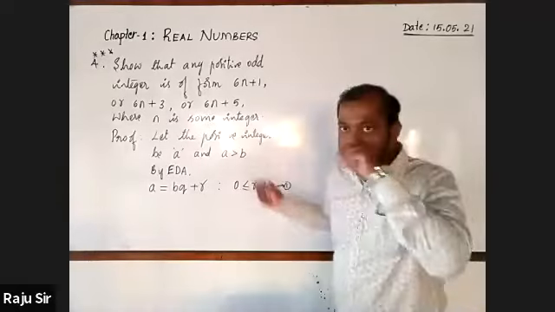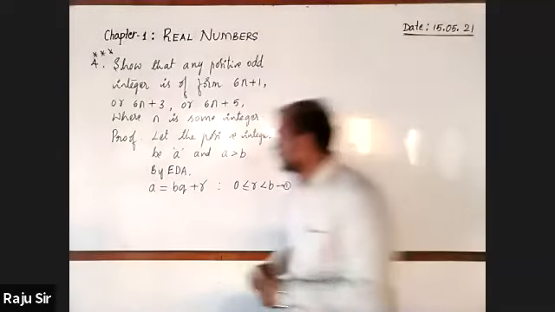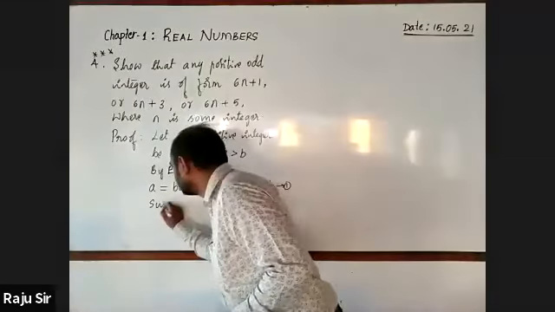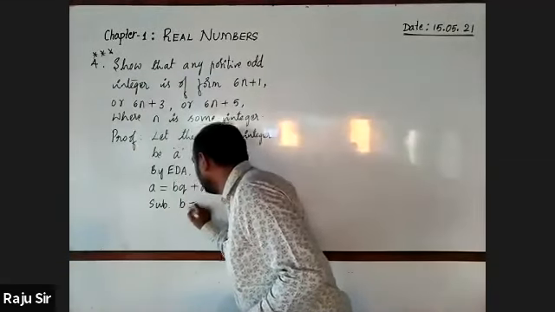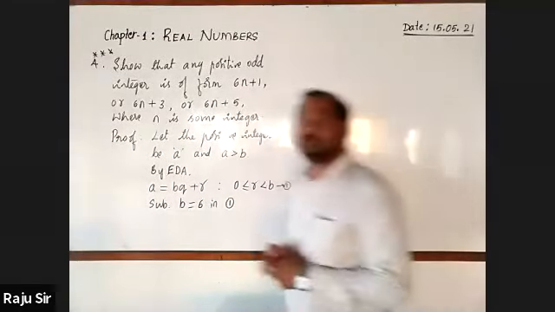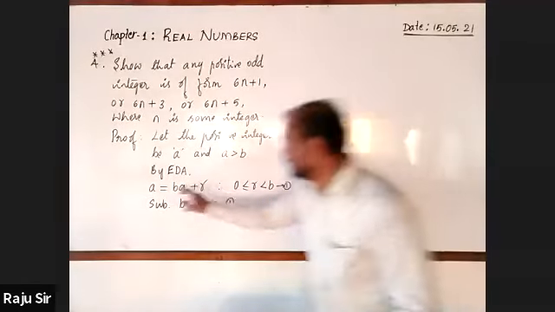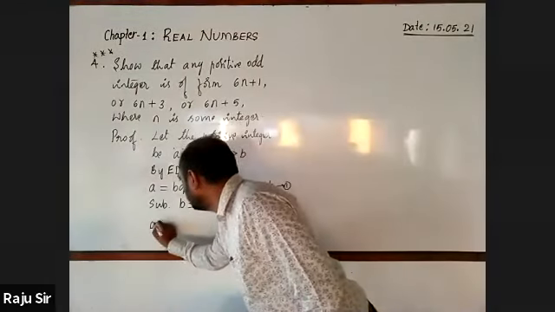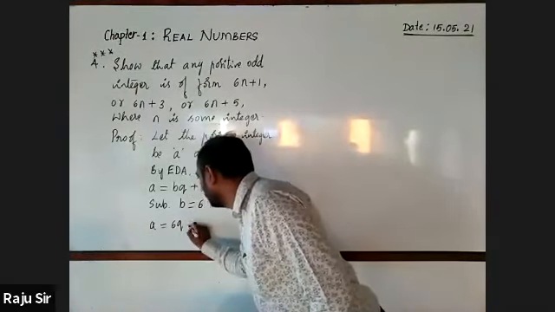Now substitute b equal to 6 in statement 1. Then statement 1 can be written as a equal to 6q plus r.